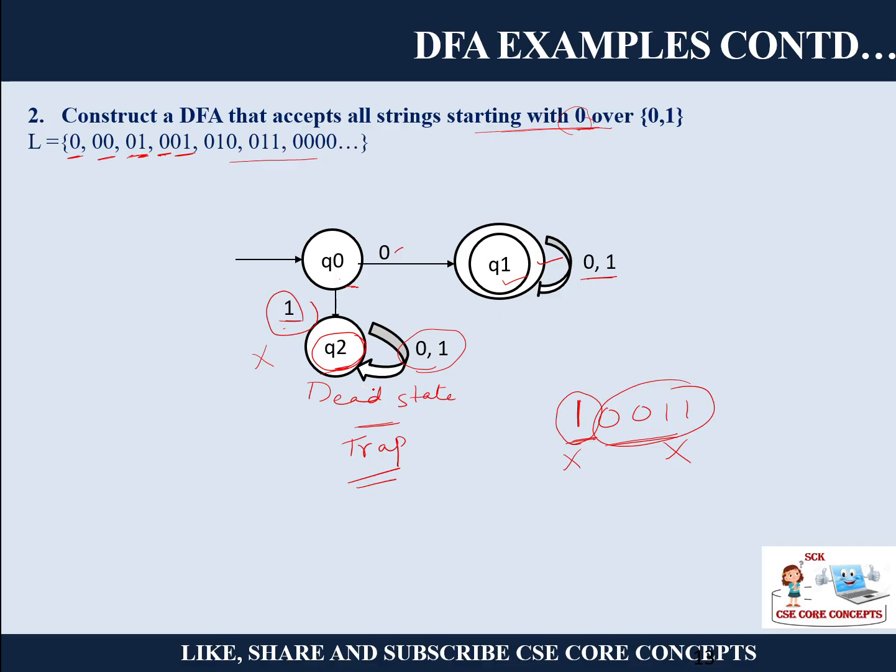This is how you represent a dead state, or trap. This is the beauty of DFA: even if I give an invalid input, you have to show where it leads, which is a trap. This is what makes it a deterministic finite automata.